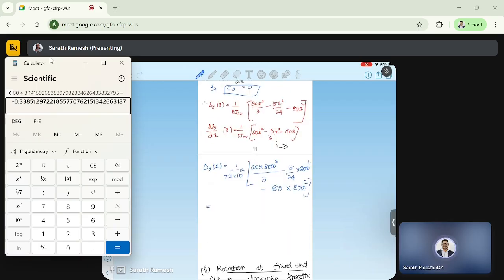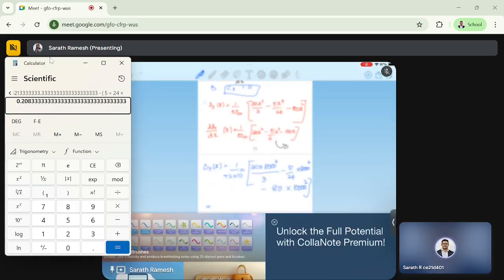So let's do 20 into 8,000 cube by 3 minus 80 into 8,000 square minus 5 by 24 into 8,000 to the power 4.